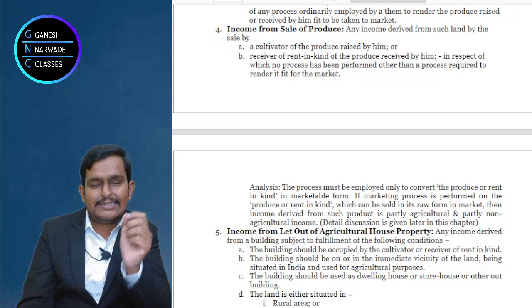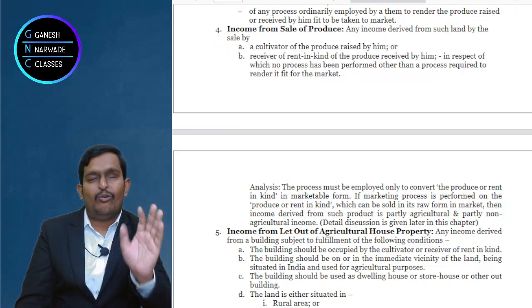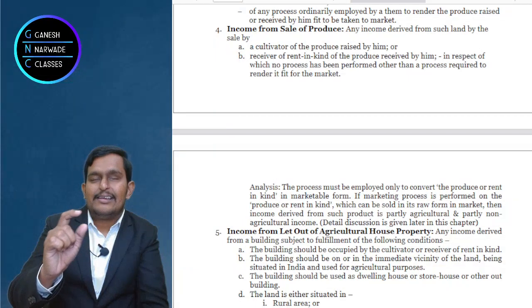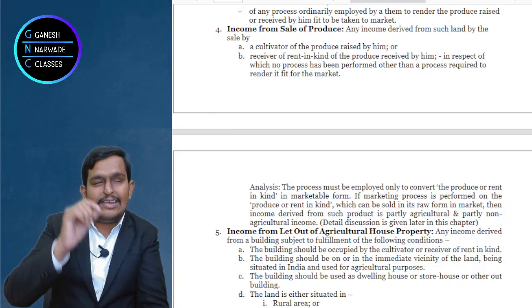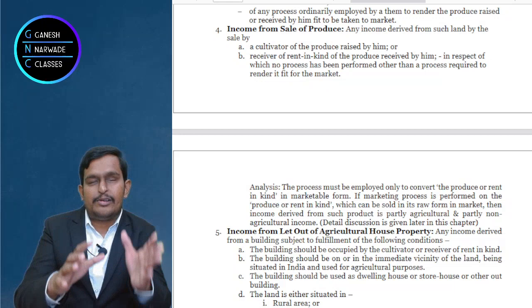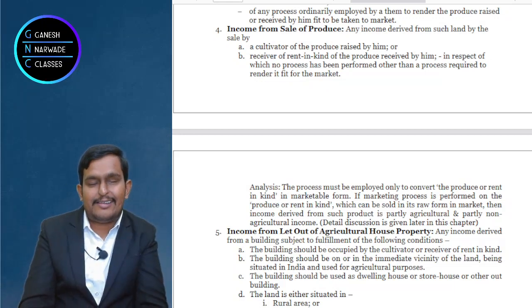They may be a tenant, they may be an owner, no problem. But if the owner of the land is there, then he should also stay in the building, or he should give land and building both as rent. That's how they said.